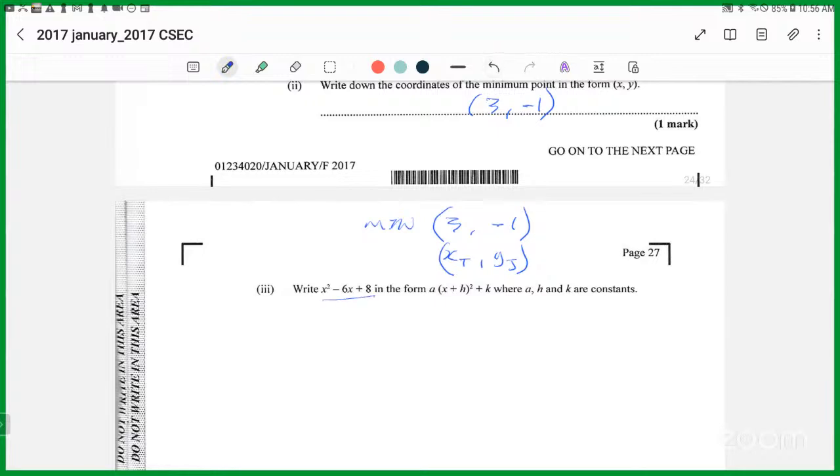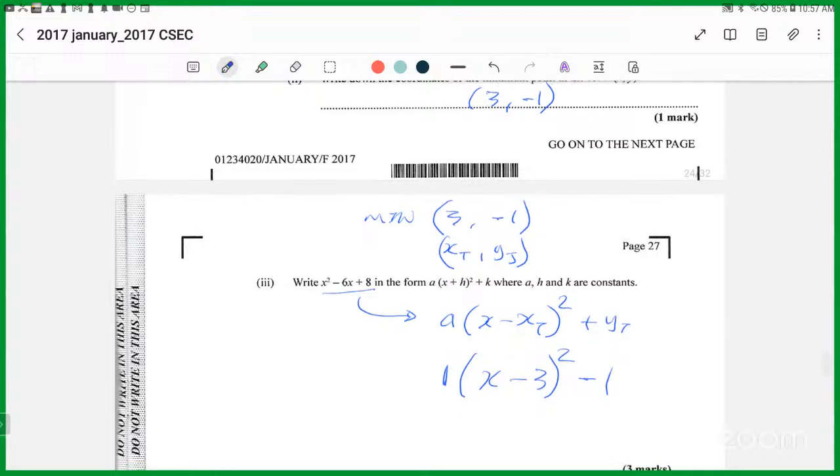When I write this in this form, using the a, h, and the k, I can write this as a(x - xt)² + yt. Now the a is clearly 1 because the coefficient of x squared is 1. So it becomes 1(x - 3)² - 1, and that is it.